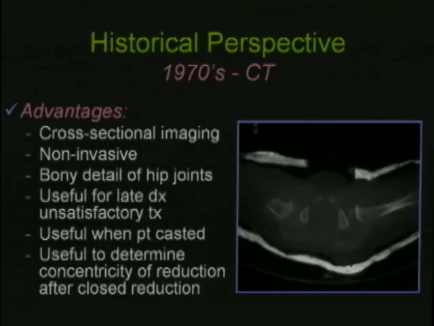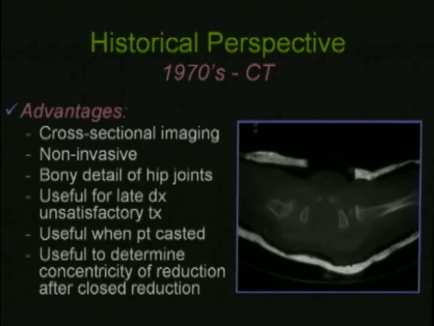Well, then in the 70s, CT came along, cross-sectional imaging that allowed the bony detail to be demonstrated. It wasn't invasive, and it was very helpful in looking for the late diagnosis of DDH when the treatment wasn't satisfactory.